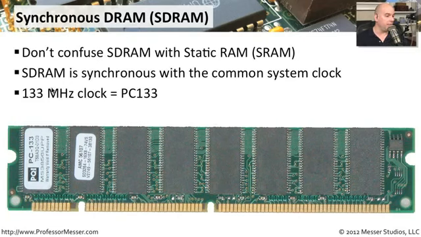So if you have a memory clock bus of a 133 megahertz clock, you're looking for SDRAM that is PC133. Generally, you'll see that on the package that you purchase. Sometimes the memory itself, like this one, actually has PC133 listed on it. That way I know the SDRAM I have here is designed for a memory clock bus rate of 133 megahertz.